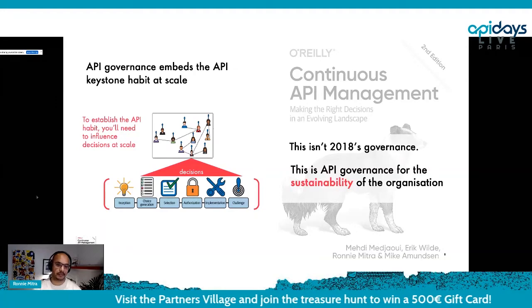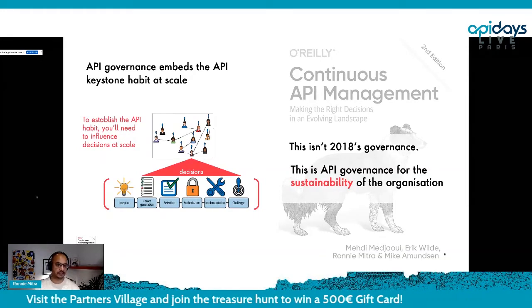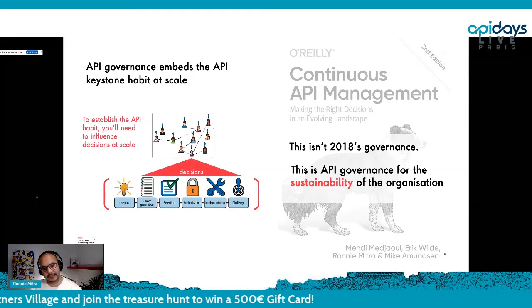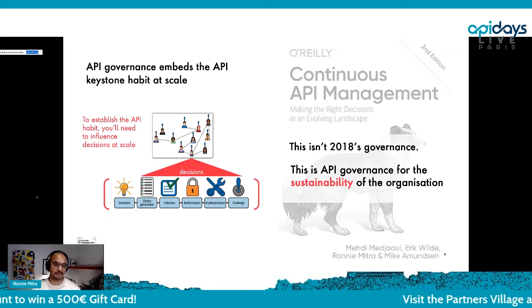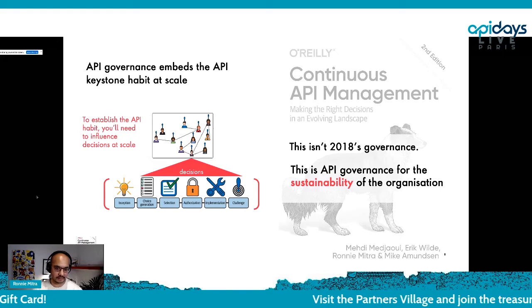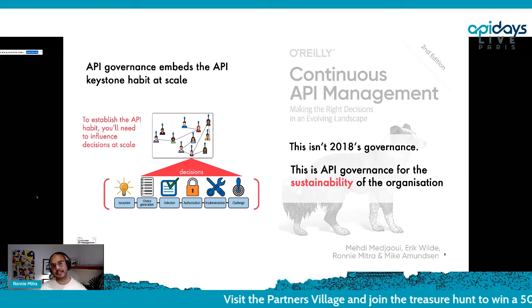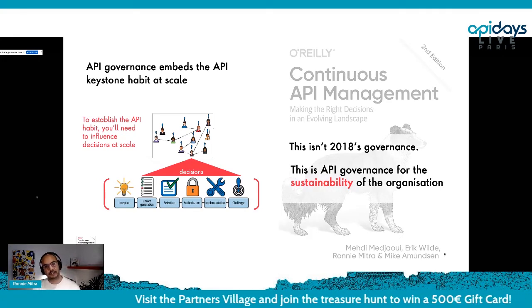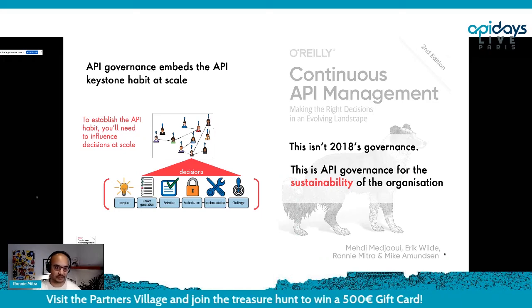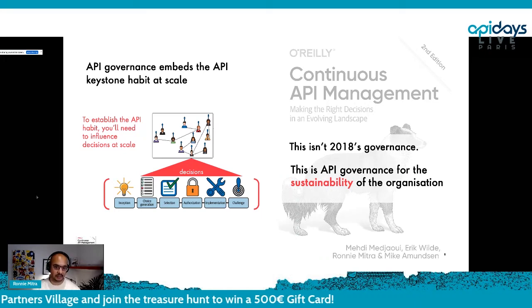The problem is, how do you instill those kinds of habits, right? And the key, I think, is to bring in governance. So when we talk about governance in the continuous API management book, we're really talking about how to influence decisions at scale.